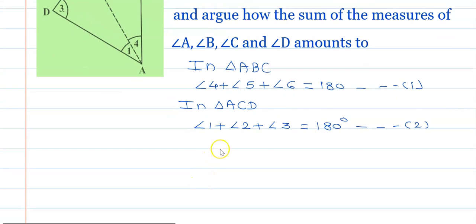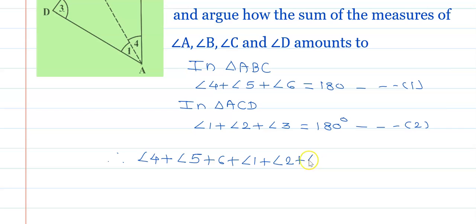If we add these, you will get angle 4 plus angle 5 plus angle 6, and what about here? Angle 1 plus angle 2 plus angle 3 equals, on the right hand side, 180 degrees plus 180, which equals 360.